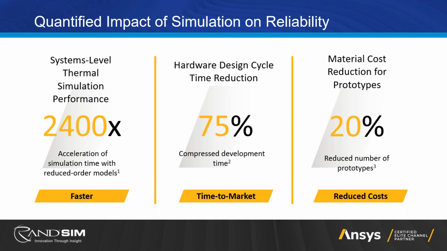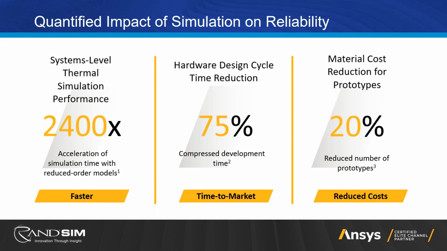And so you're going to see up to a 2400X acceleration of simulation time with reduced order models. By simulating as opposed to testing, or using it prior to testing, you're not going to have to go back to the lab a second time after you've made that break, redesign, repeat cycle.